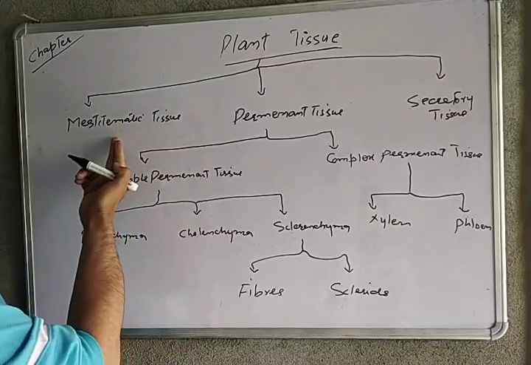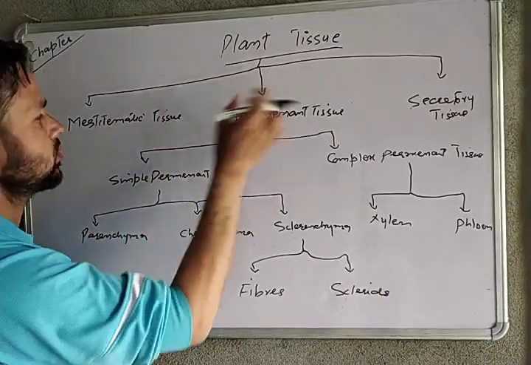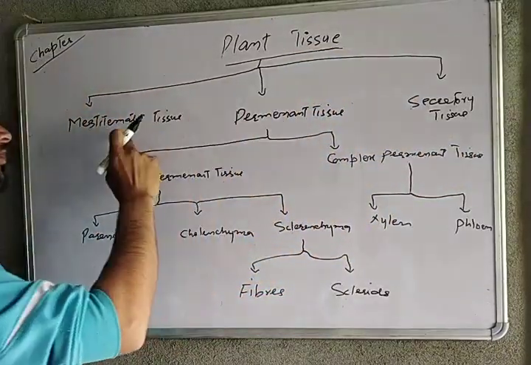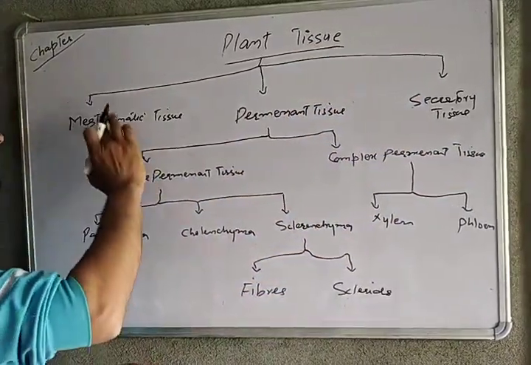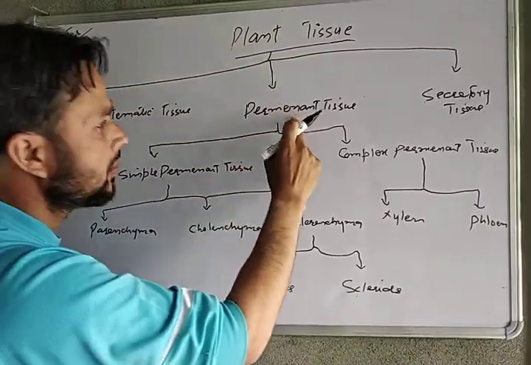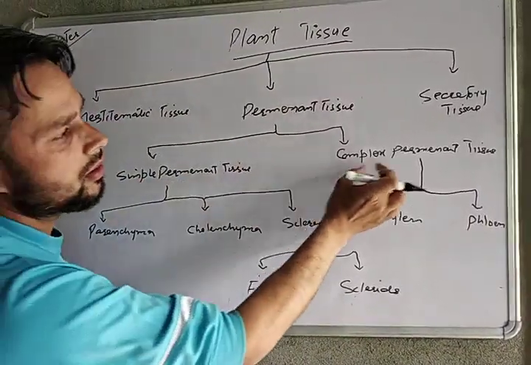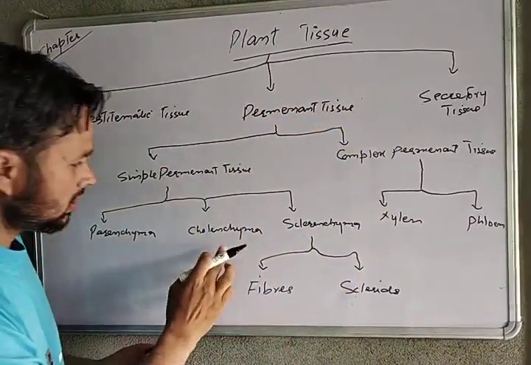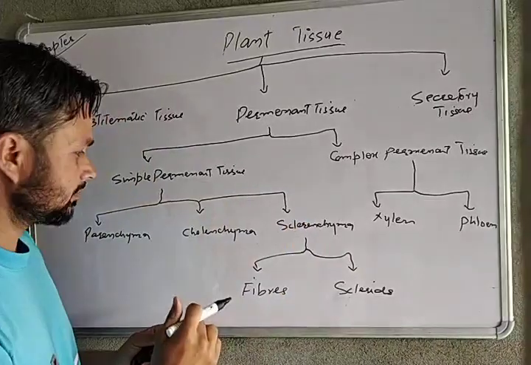It has three types of tissues: meristematic, permanent tissue, and secretory tissue. Permanent tissue has simple permanent tissue and complex permanent tissue. Simple permanent tissue is further differentiated into parenchyma, collenchyma, and sclerenchyma.